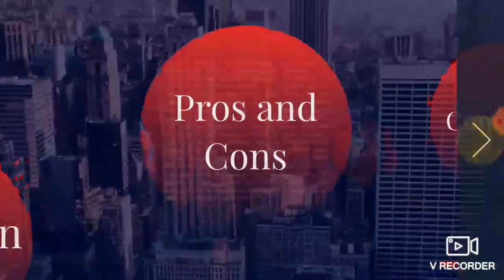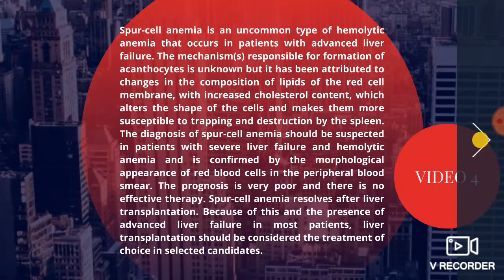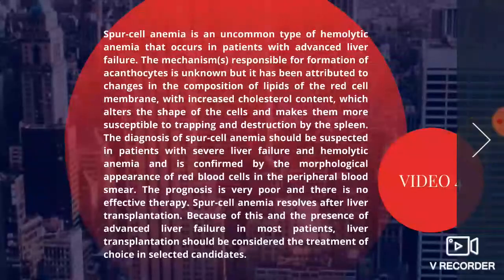Pros and cons. Spur anemia is an uncommon type of hemolytic anemia that occurs in patients with advanced liver failure.